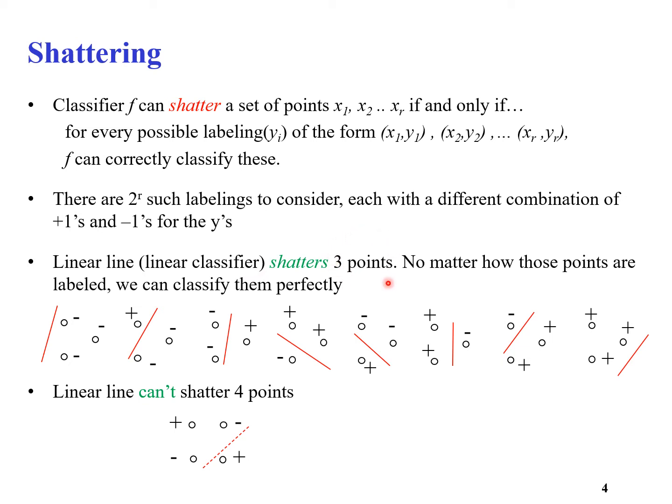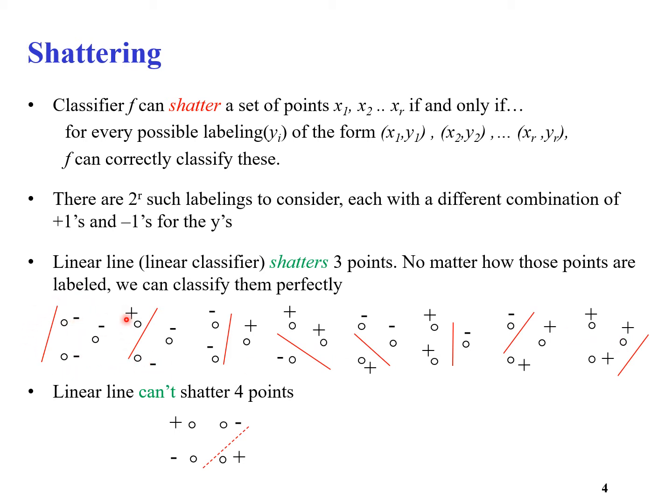By definition, we have 3 data points, and for every possible combination of y values, the classifier must classify them correctly. Because there are 3 data points, we have actually 8 different combinations of class values. Here, everything is minus.